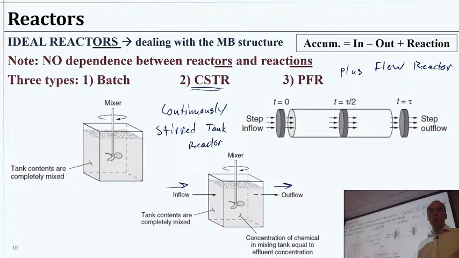So what we'll find for the derivation of the batch reactor is if it's going to react, we're going to give it some amount of time. Time is the only thing we can change. We can't change the flow rate. For the plug flow reactor, the time is actually the hydraulic residence time that we learned about. So then we can change the flow rate to change the amount of time the water has in the reactor. Otherwise, the math turns out to be pretty much the same.